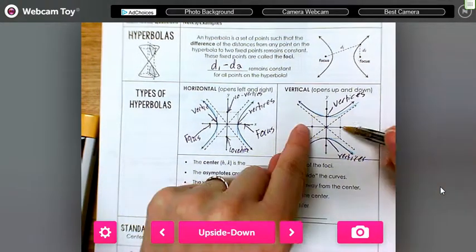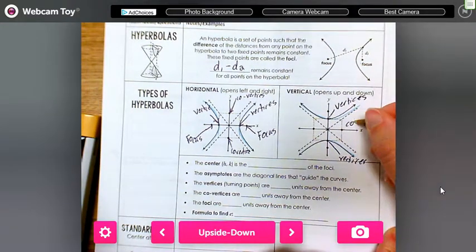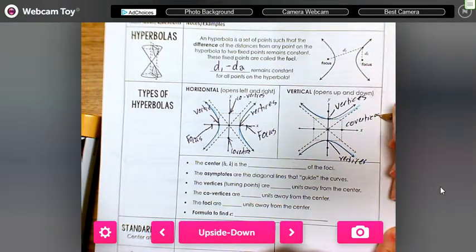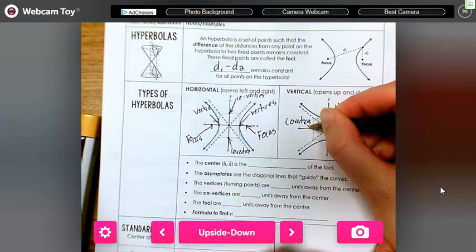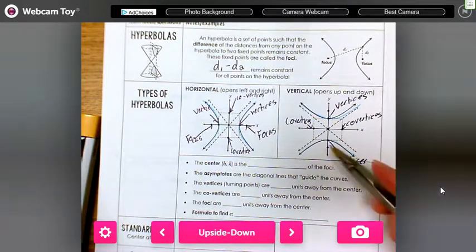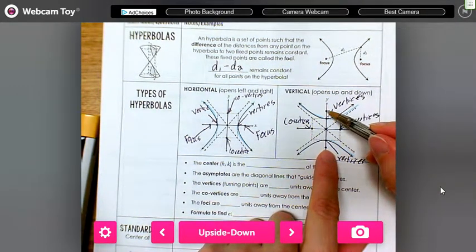What are these 2 points right here? Co-vertices, good. Okay, those are my co-vertices. And what are these points right here above and below my hyperbolas? Focus points, yeah.